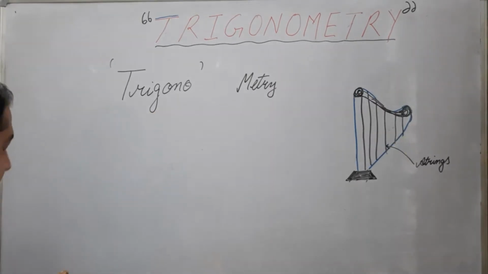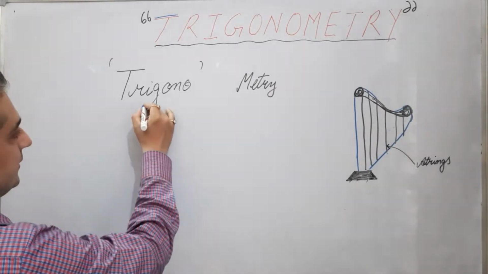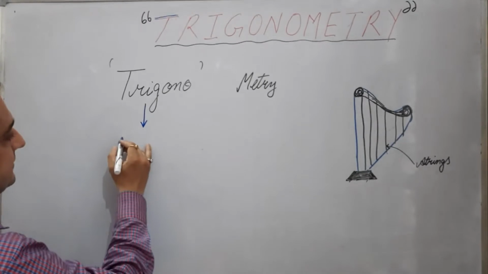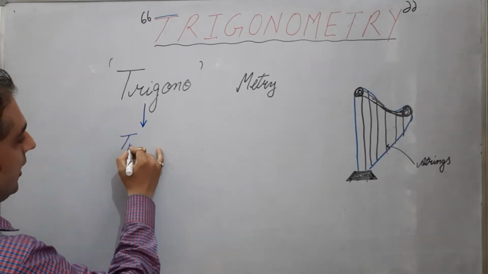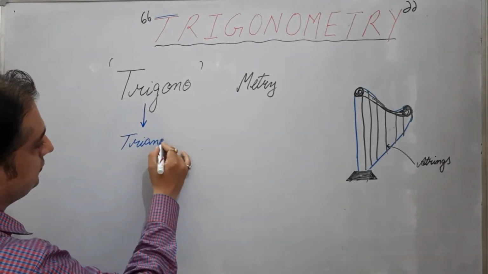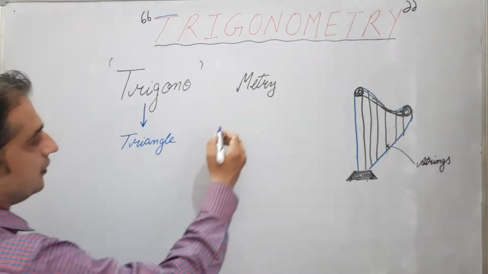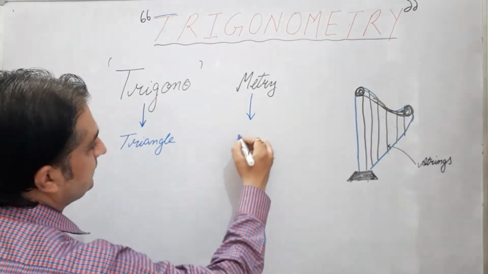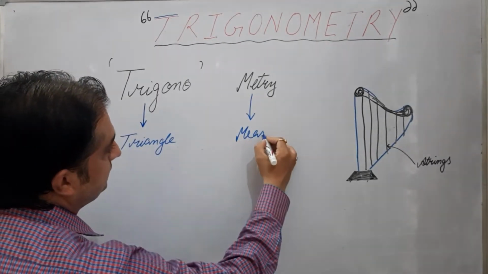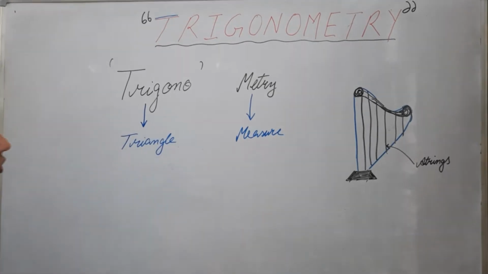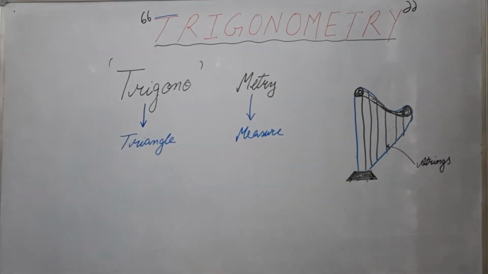Trigono means triangle. Metri means measure. Right? So it is a branch of mathematics that deals with the measurements of triangles.